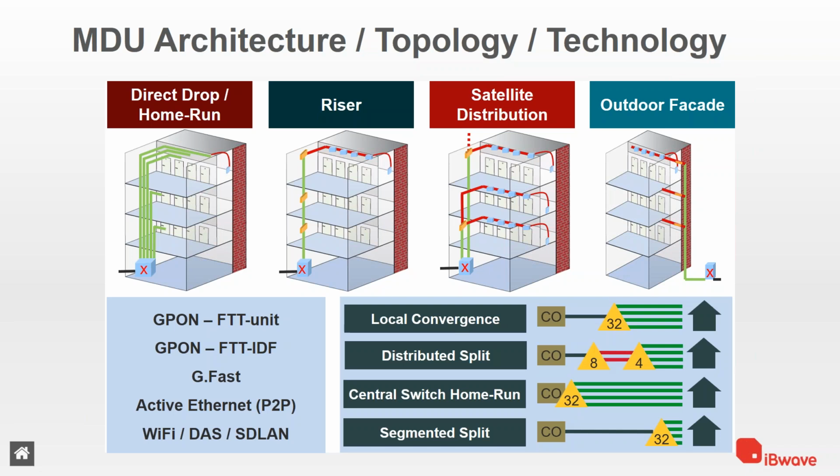As GPON is most typical for a fiber to the home solution, we're going to look at some splitter topologies, starting with local convergence. This is more standard in the North American market, where you would have a cabinet location between your F1 and F2 networks, where multiple 1x32 splitters would be housed.